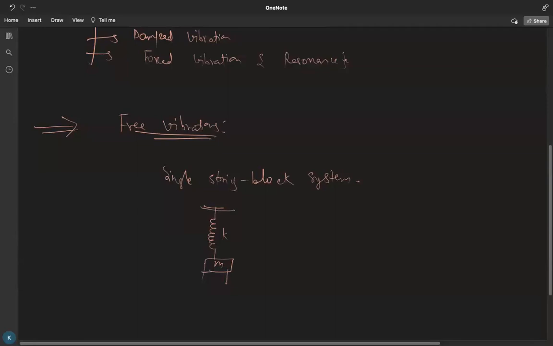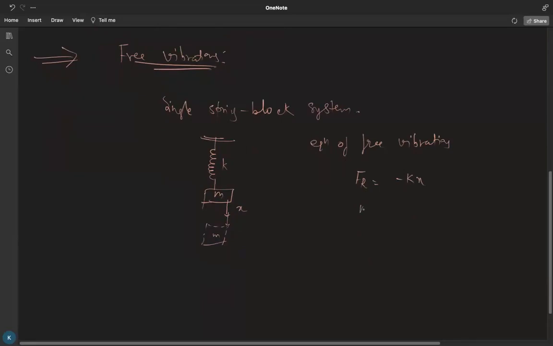That means when I pull that mass by a length x from its mean position, and it reaches a displaced position x, we can write the equation of motion as we wrote earlier. The equation of free vibrations: restoring force is equal to minus kx. So mass into acceleration is equal to minus kx.